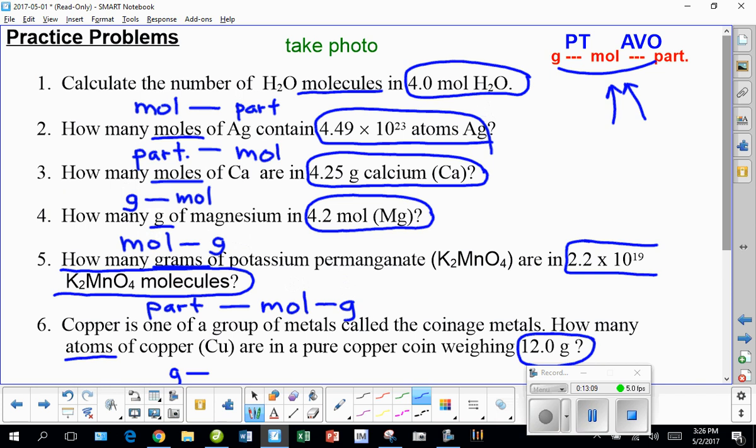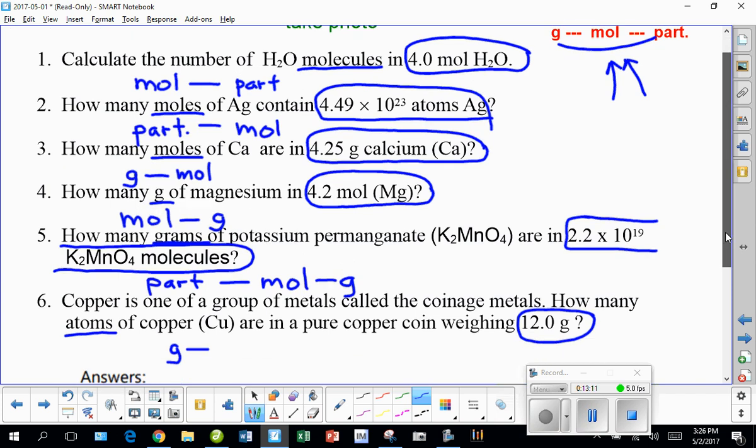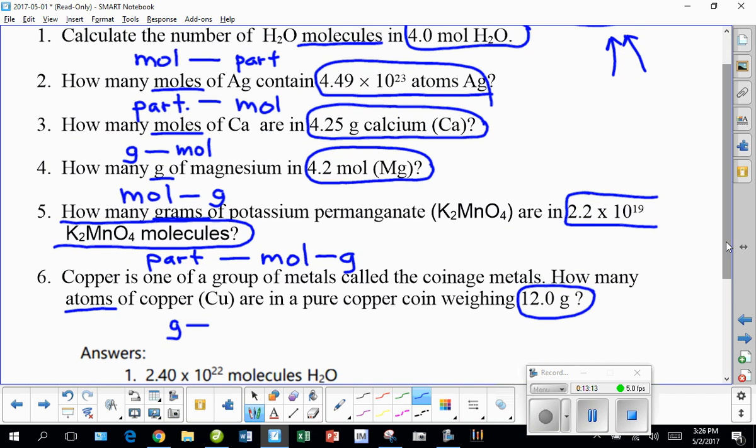So instead of grams to atoms, we have to go grams to moles, the universal translator. And from moles, then we can go to particles. That's it. Have fun with these problems. Especially with these new methods, you're really going to be set to do well.